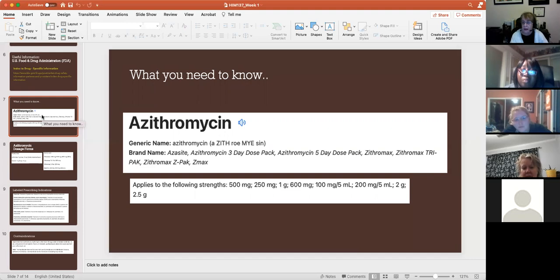Are all listed there. So this can help you if the physician's documentation has identified the medication by the brand name or the generic name, whatever they're used to calling it. You can still track it down to get the information that you need.